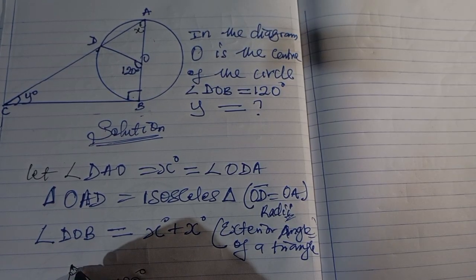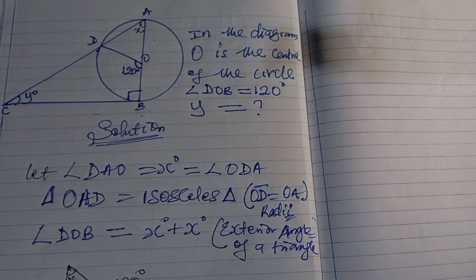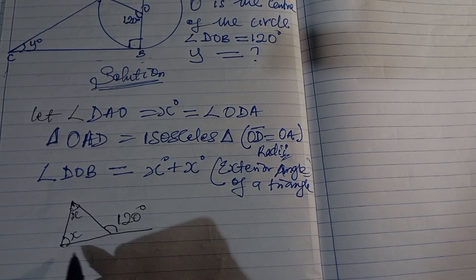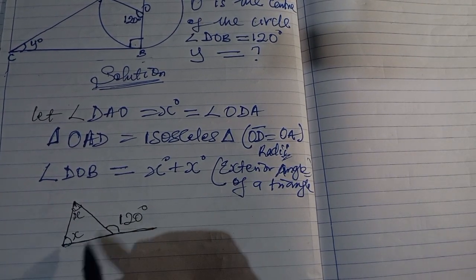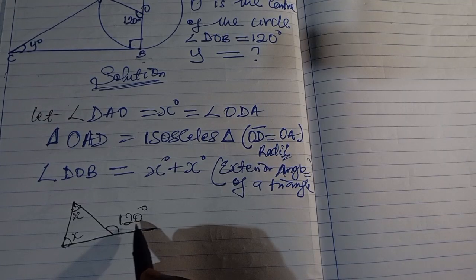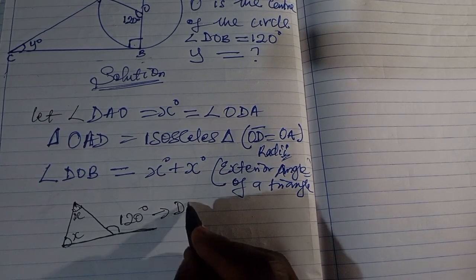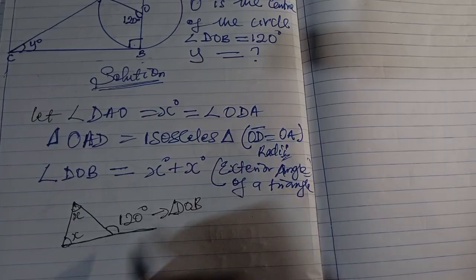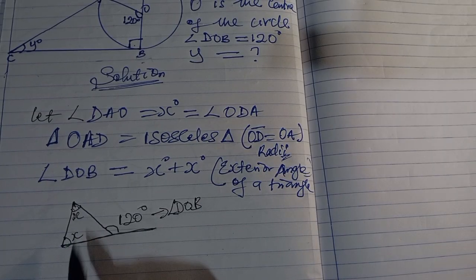Great. So here and this is our x. So this 120 is an exterior angle to the opposite interior angles, something like this. So 120 here is our angle DOB. So it's an exterior angle to this angle.